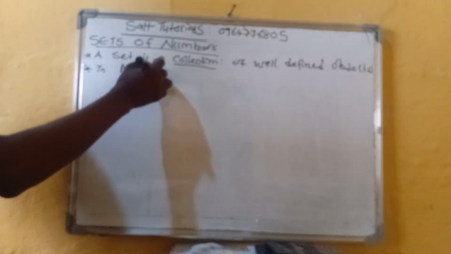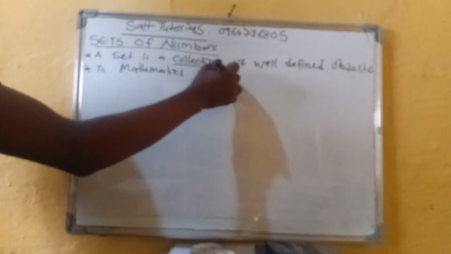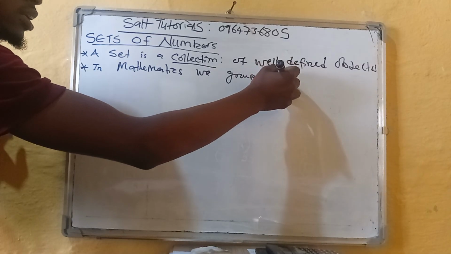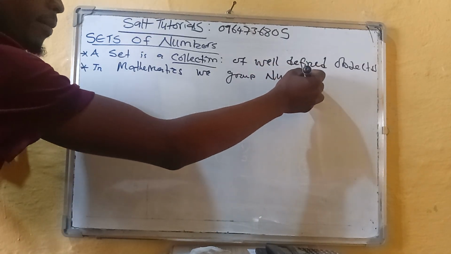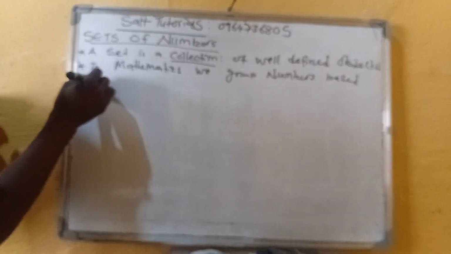So in short, what we're saying under this topic is that in mathematics, we group numbers based on their properties.